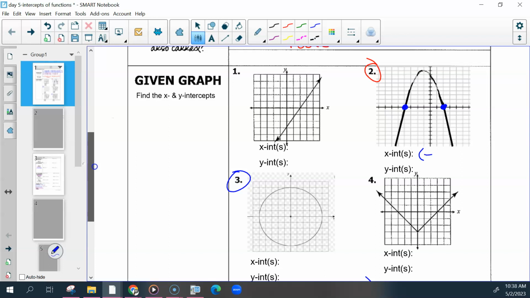Negative, not 2, but -4, 0, and what's the other one? 2, 0. For our y-intercept, where does that cross the y-axis? 8. So how would we write that y-intercept as an ordered pair? Questions on how we found any of those?